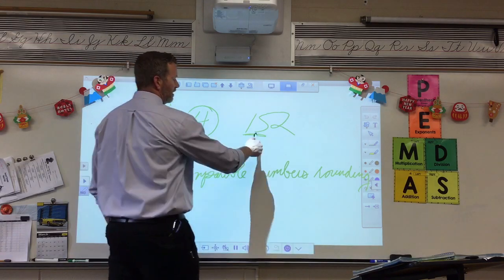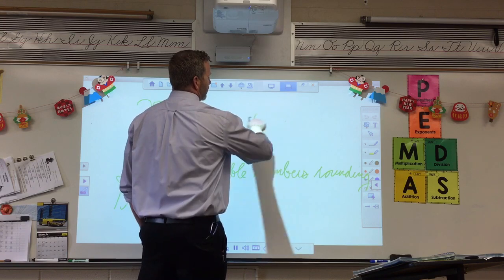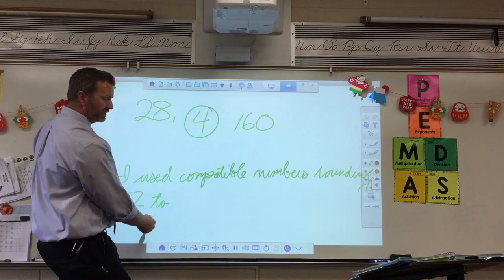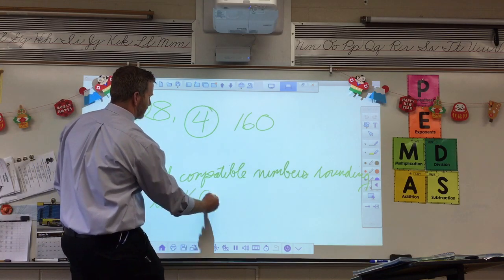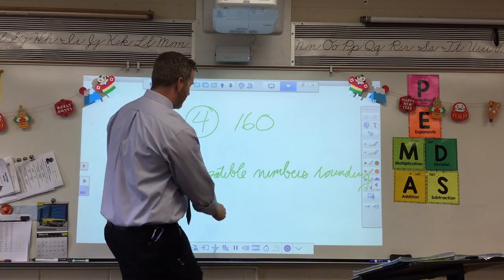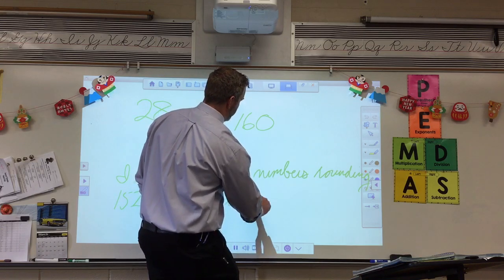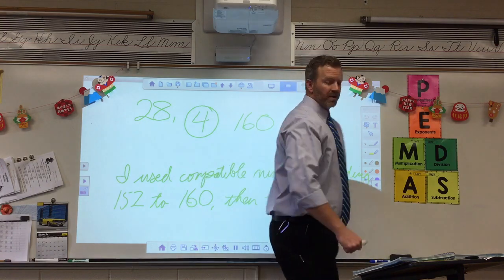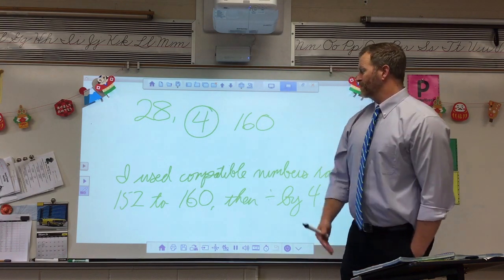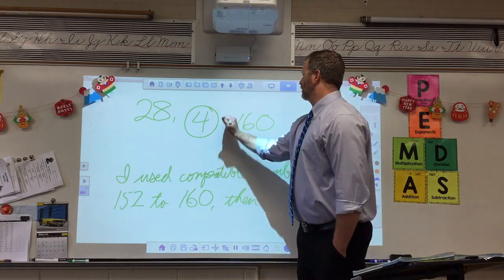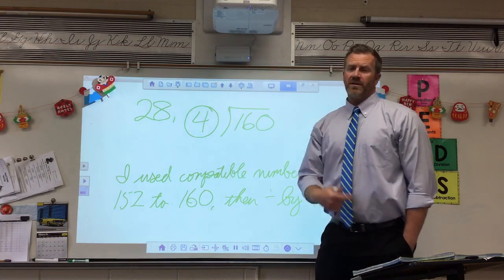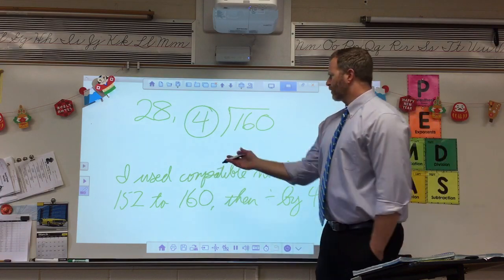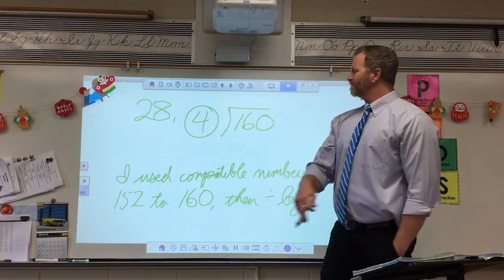Okay, sweet. So we're going to take 152 and we're going to round it up to 160. So 152 to 160. And then we divide it by 4. Once we divide by 4, what's our estimate of how many items are going to go into each room in that museum? So 4 goes into 1 0 times. 4 goes into 16. How many times?